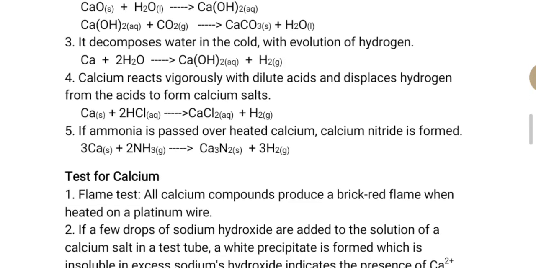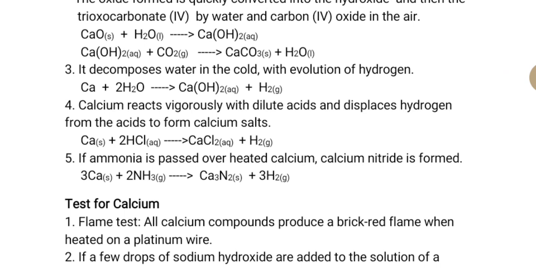3. It decomposes water in the cold with evolution of hydrogen. Calcium plus water gives calcium hydroxide plus hydrogen. 4. Calcium reacts vigorously with dilute acids and displaces hydrogen from the acids to form calcium salts.